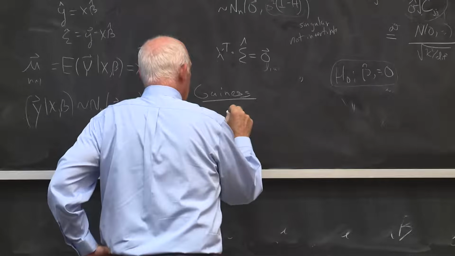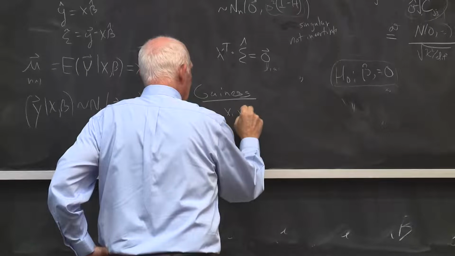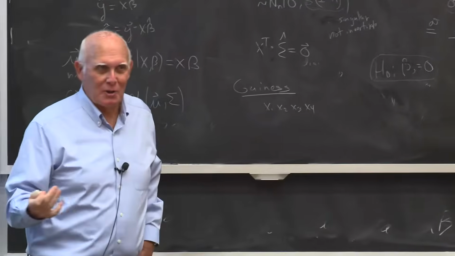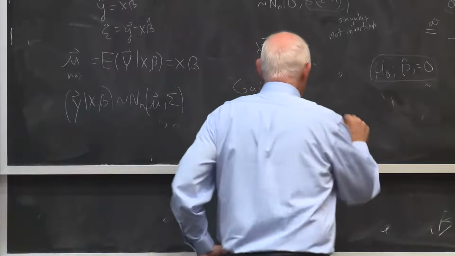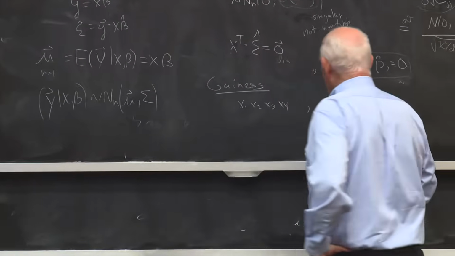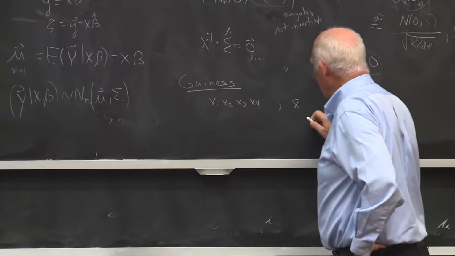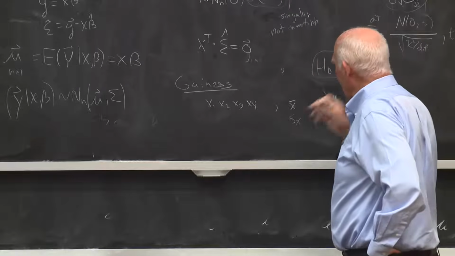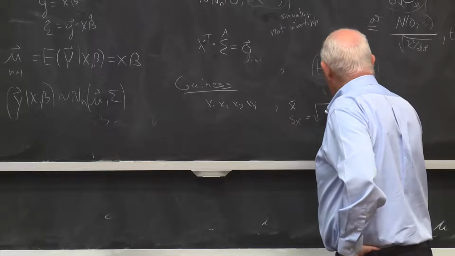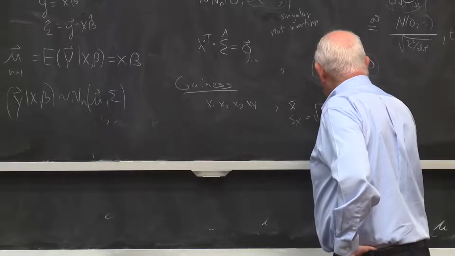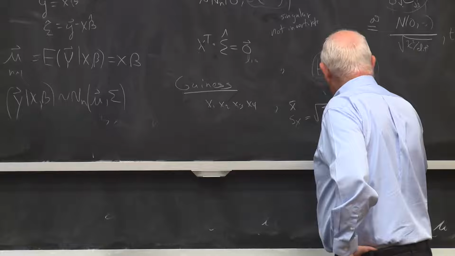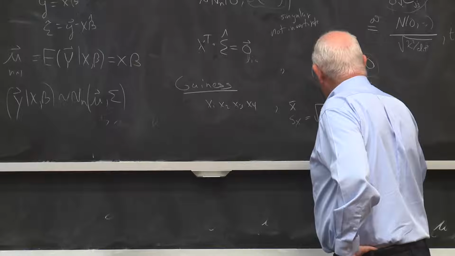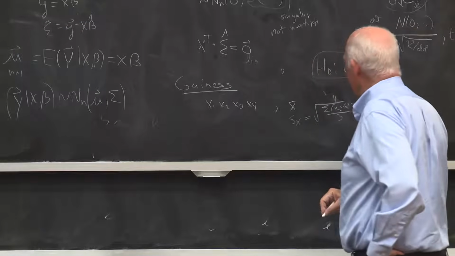He would look at samples, say x1, x2, x3, x4, of a measurement. I'm not sure quite what the quality measure was, but he would calculate x bar and the standard deviation of x, which is the square root of the sum of (xi minus x bar) squared over 3.